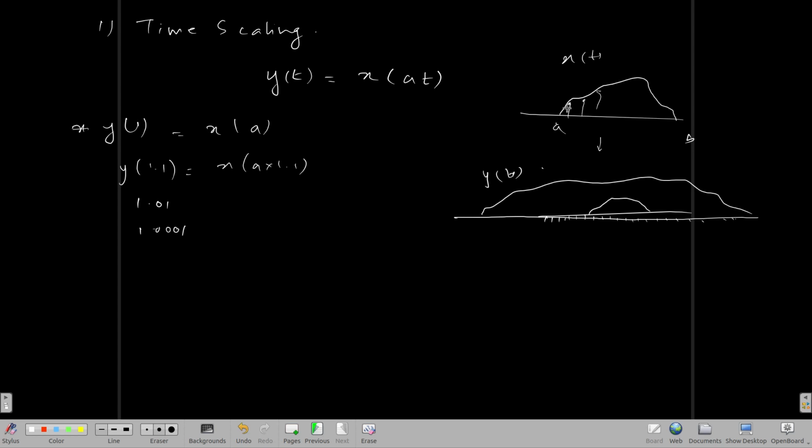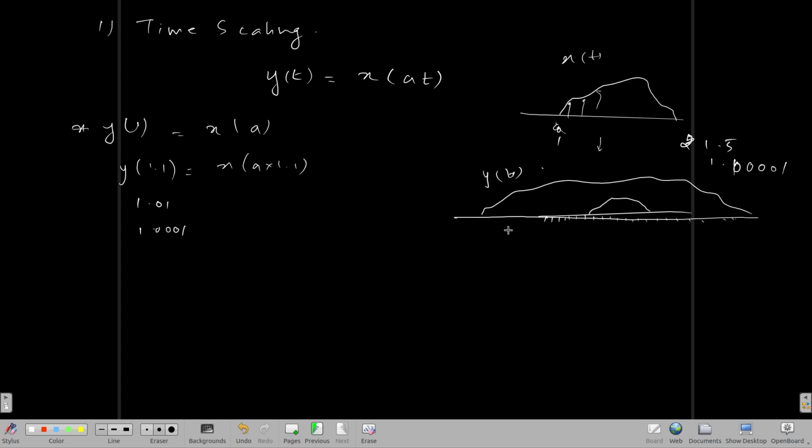So since this is a continuous signal, for any interval, whether this is from 1 to 2, or from 1 to 1.5, or from 1 to 1.1, or 1 to 1.0001, you can find infinite samples within this. So we are not losing much.